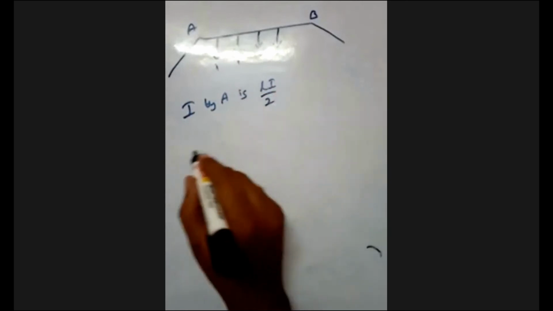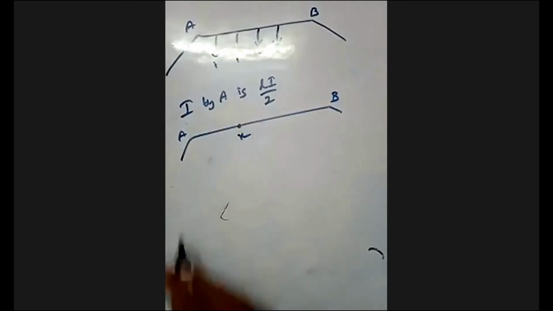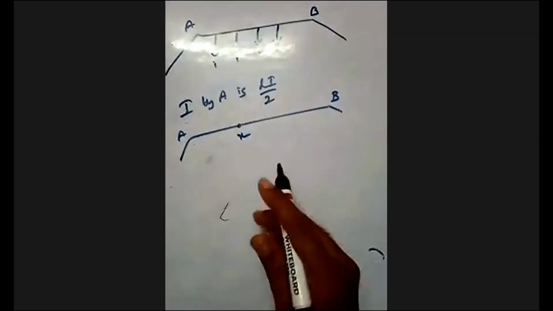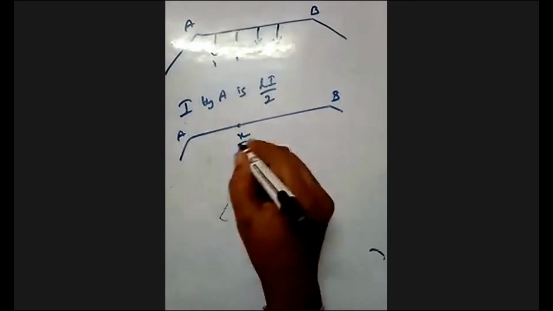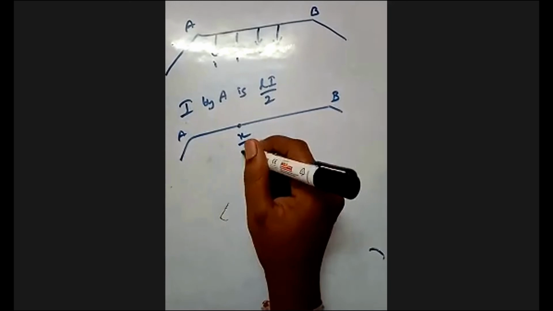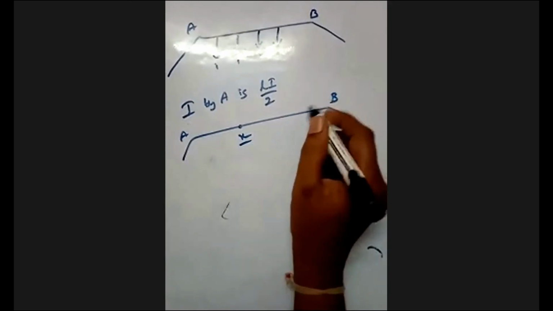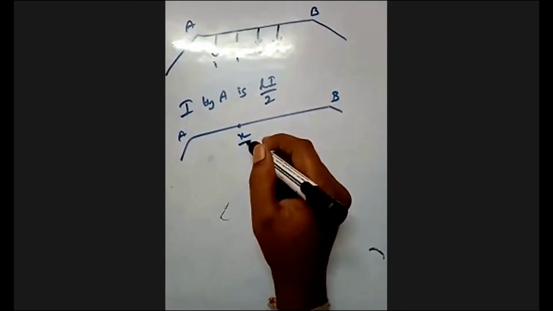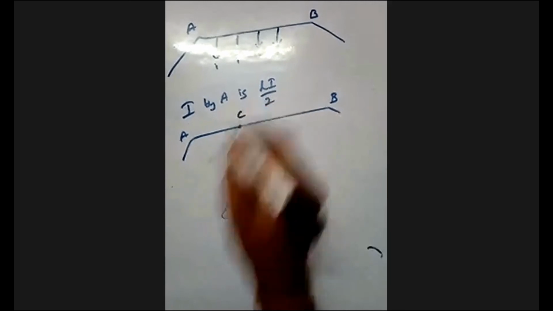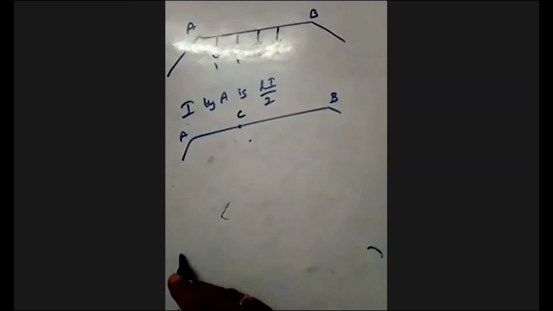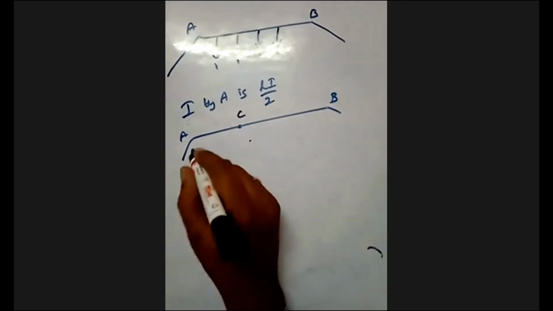Let this be A, this be B, and let there be a point X. As we said, for every meter the current is I, and the total current is L into I. We don't know where x is, so let C be a point. At point C, let some current be delivered. Let the current be x.